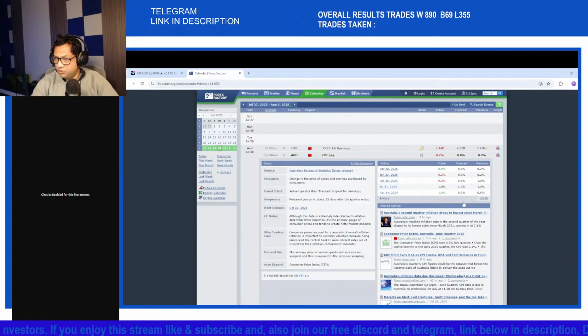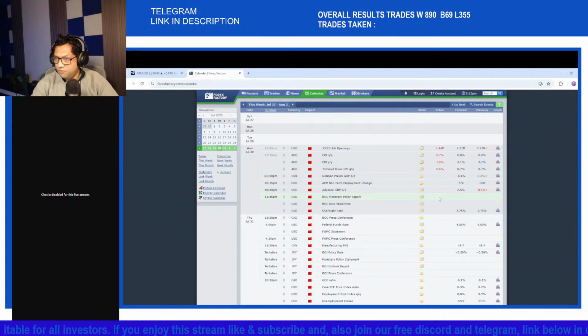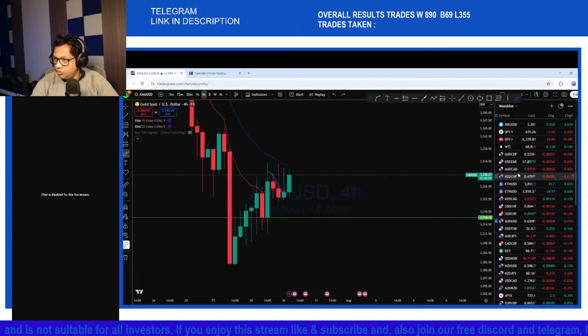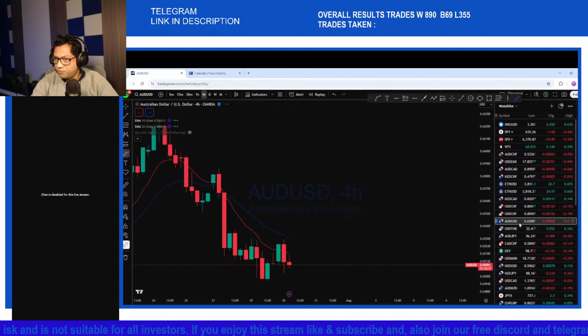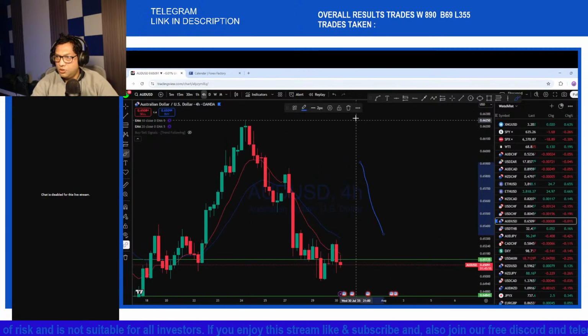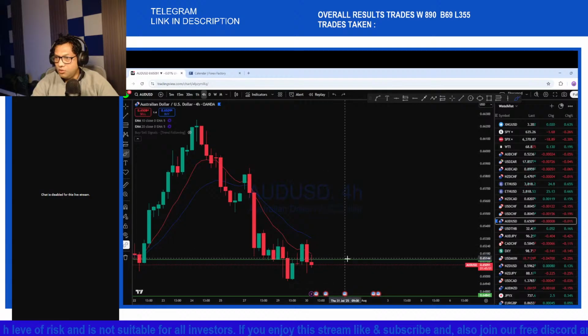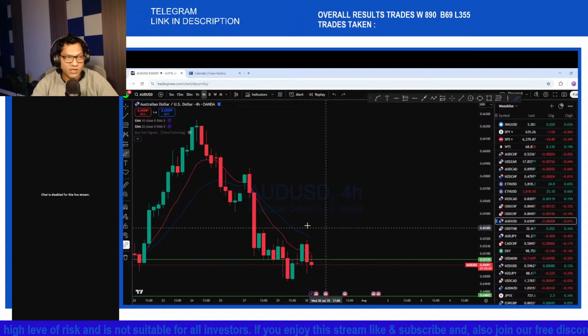So we see that the data has come out. So it's dropped by the consumer purchase on AUD. That has given little momentum on gold, and we looked at AUD USD, which has also shown a bearish move after the data. We see a 4-hour bearish engulfer has formed.